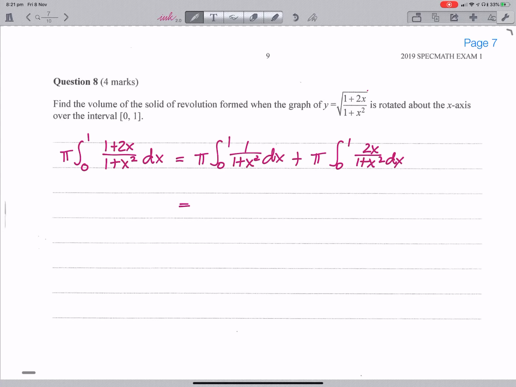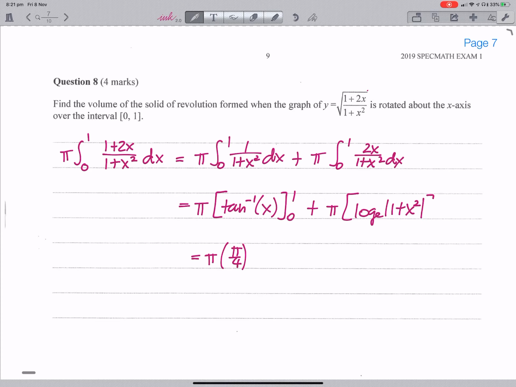Maybe the badness is coming. So we've got pi tan inverse of x between 1 and 0. Pi tan inverse of 1 is pi on 4. Tan inverse of 0, 0, plus pi log e of 1 plus x squared between 1 and 0.